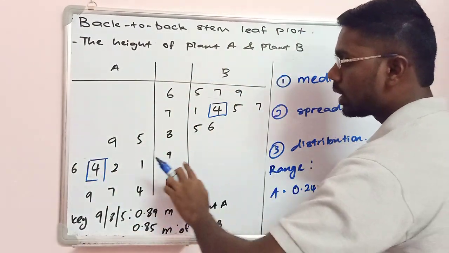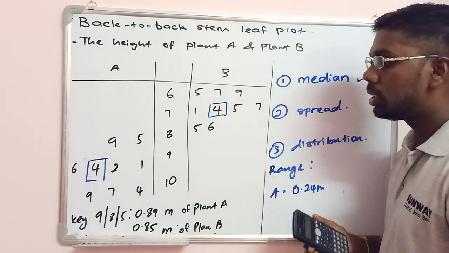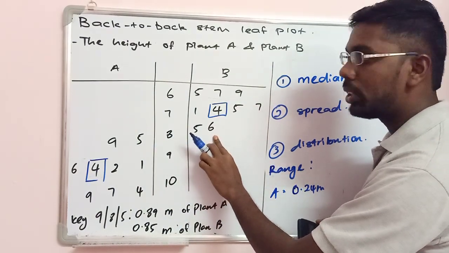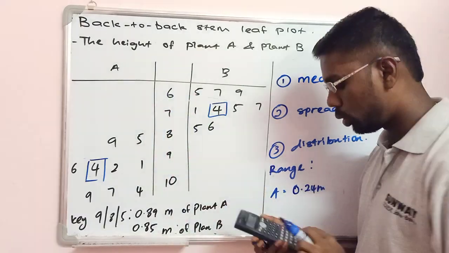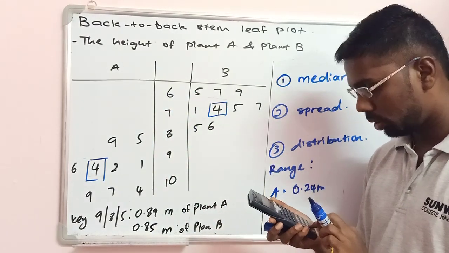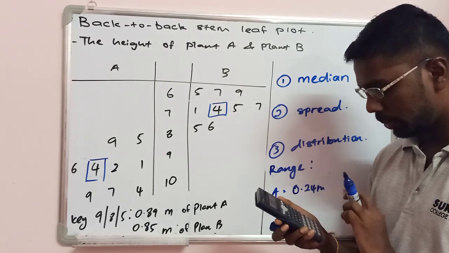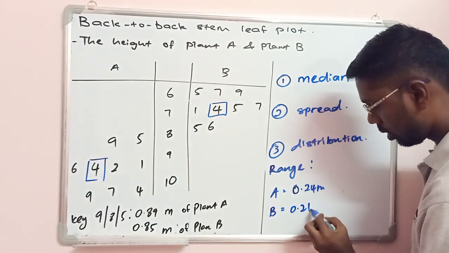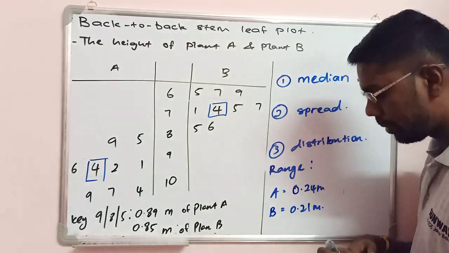And for B, the highest number is 0.86 and the lowest number is 0.65. So 0.86 minus 0.65 is 0.21. Okay.